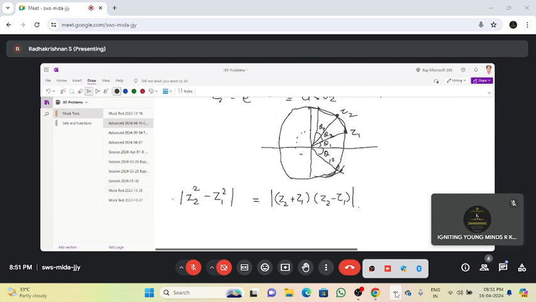So what is this? Now let's see. Mod of AB equals mod of A into mod of B. Now, what can we say about this mod of Z2 plus Z1?